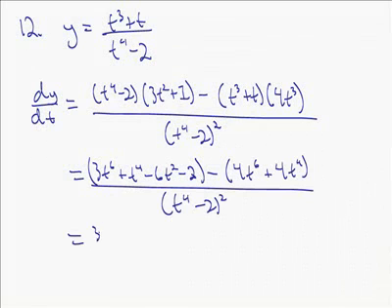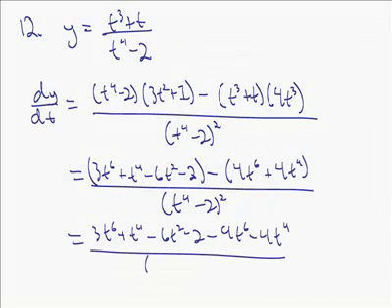So we have 3t to the 6th plus t to the 4th minus 6t squared minus 2 minus 4t to the 6th minus 4t to the 4th all over that quantity of t to the 4th minus 2 squared.